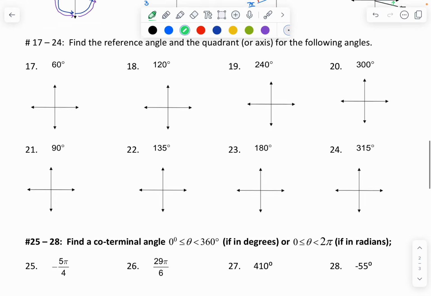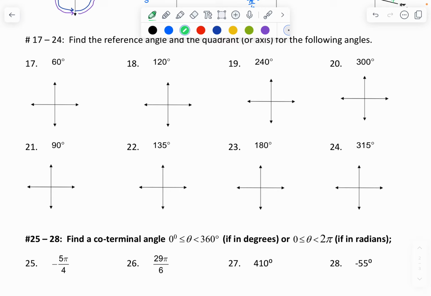For 17 through 24, it says find the reference angle and the quadrant or axis for the following angles. So similar stuff. Now I'm going to move a little faster because we are to the point where we should be picking up on these angles a lot faster. So just for time's sake, I'm going to go ahead and mark all of these. Here's 60.